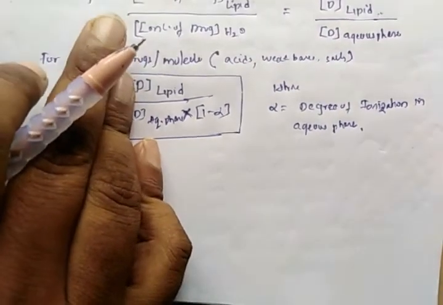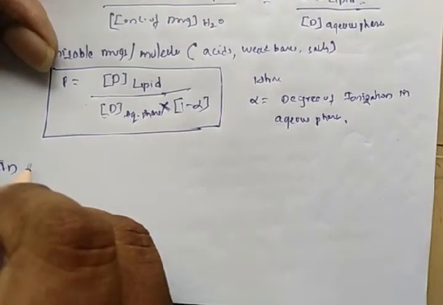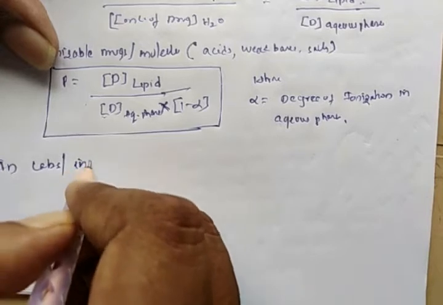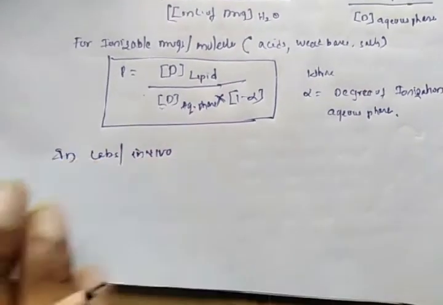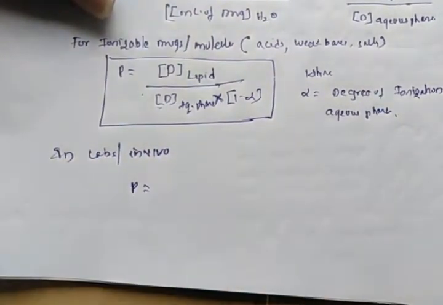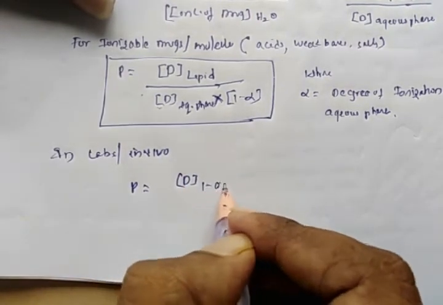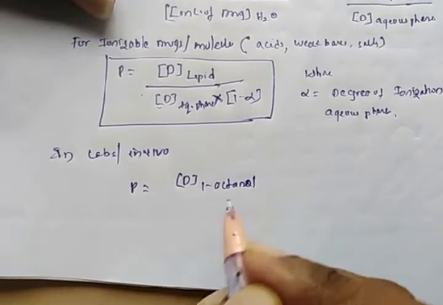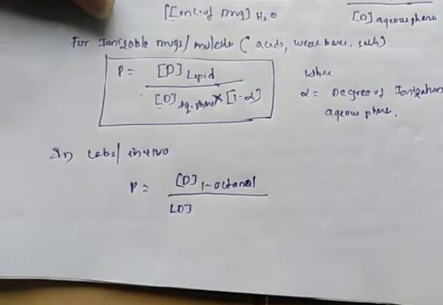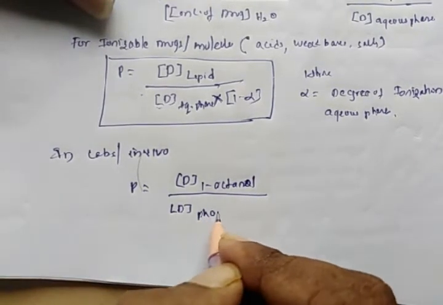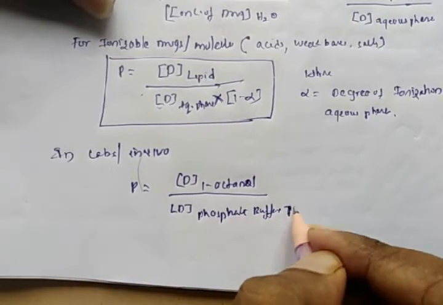In the lab, the determined partition coefficient is equal to the concentration of the drug in 1-octanol divided by the concentration of the drug in phosphate buffer pH 7.4.